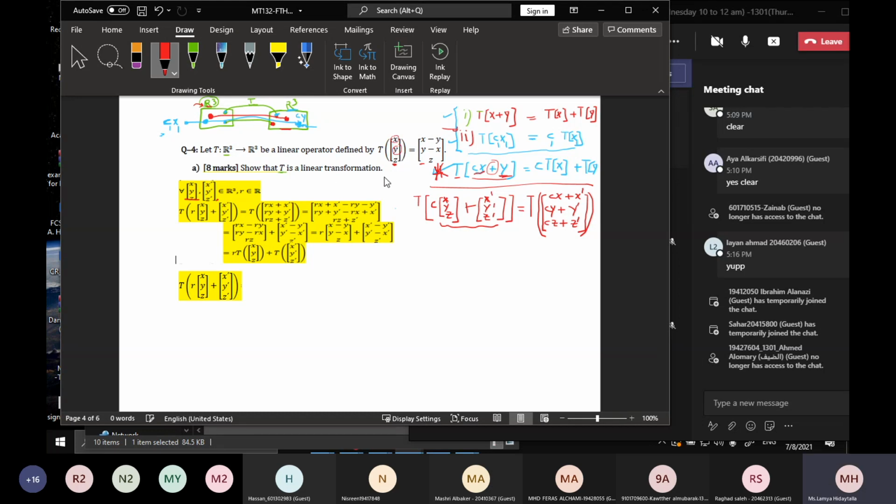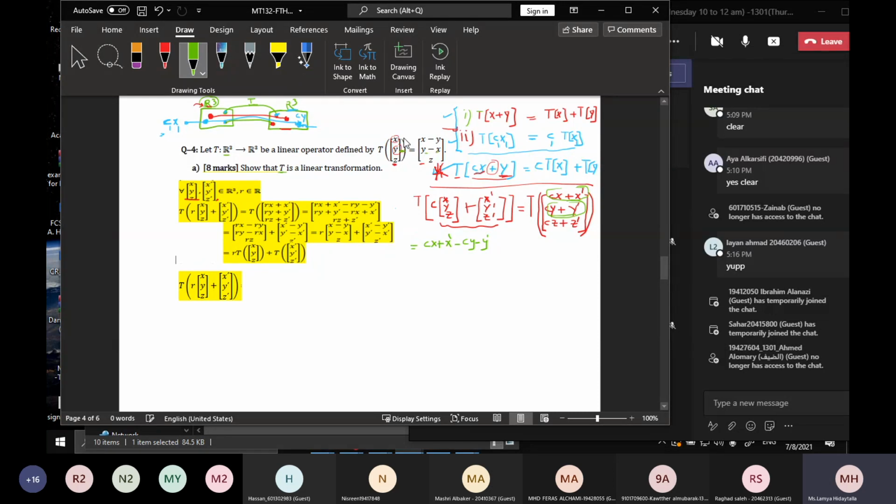Now we come and test how the transformation works. First minus the second. So what's your first? This is my first. And what is your second? This is my second, correct? So first minus second is equal to cx plus x dash minus cy minus y dash. What about the second element? How do we get it?